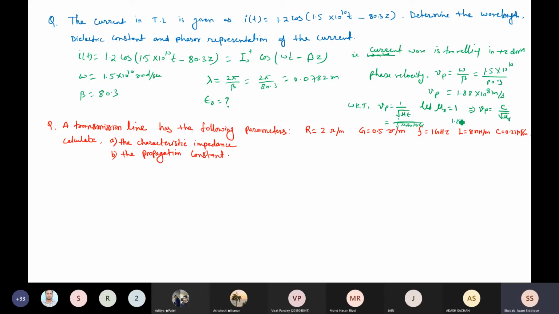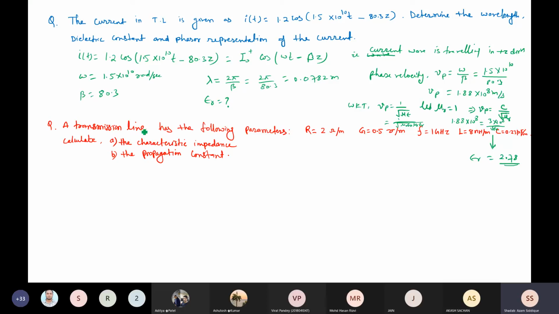So 1.88 into 10 to the power 8 is equal to 3 into 10 to the power 8 divided by square root of epsilon r. From this we find epsilon r comes out to be 2.78. You can solve and verify this. So epsilon r will be 2.78.